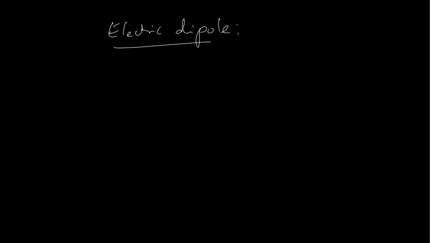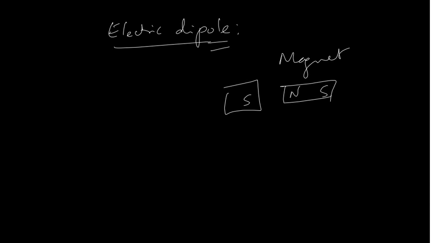There are two poles for the earth, north and south, and both are opposite. The second place we hear about poles is in the magnet. A magnet has a north pole and a south pole, and if you bring another magnet with a south pole, they attract, right?